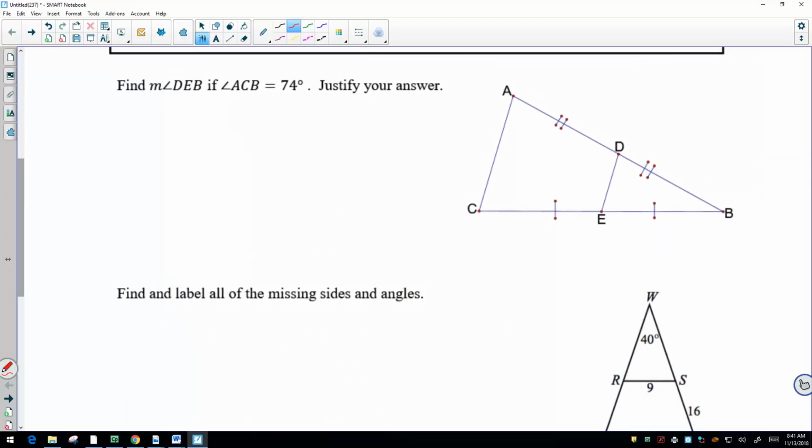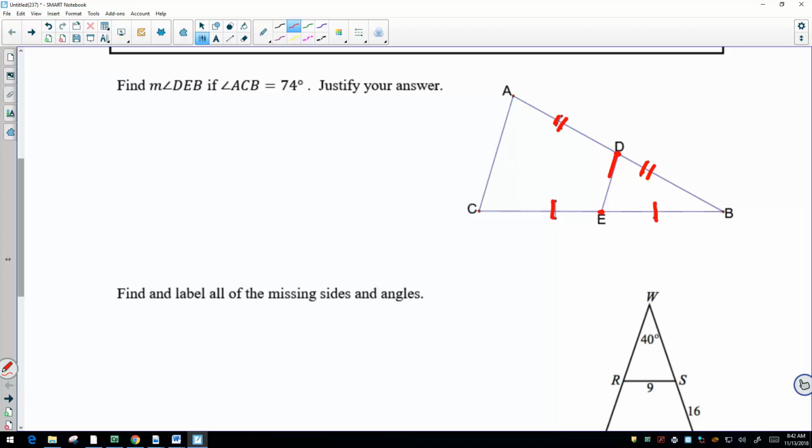So I can look at this triangle, and a couple of things to keep in mind. I'm noticing that these marks here, like the mark on CE and the mark on EB, tell me that those two segments are congruent, which ensures that E is a midpoint of CB. And I can see on the other side the same idea with these two segments being congruent. And again, D is a midpoint.